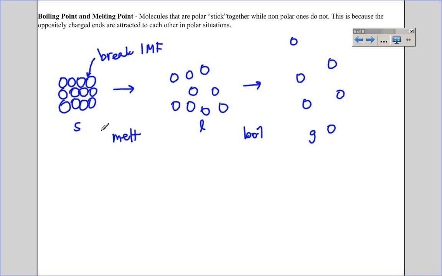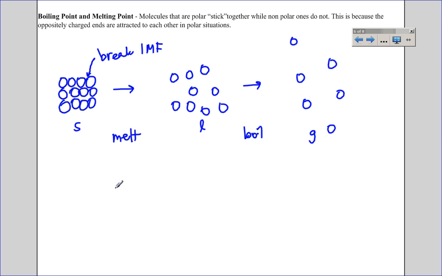So in order to change a solid to a liquid, I need to spread the molecules apart. And so in order to do that, I need to break intermolecular forces. The same thing will happen going from a liquid to a gas. I need to break intermolecular forces in order to spread these molecules apart.